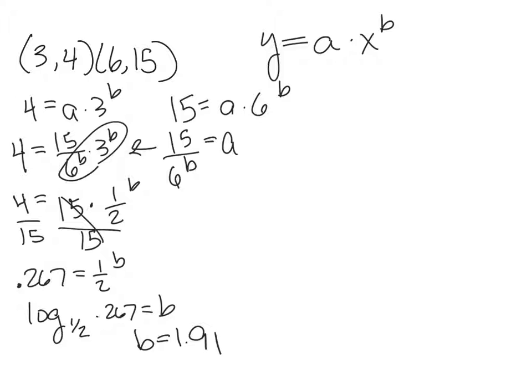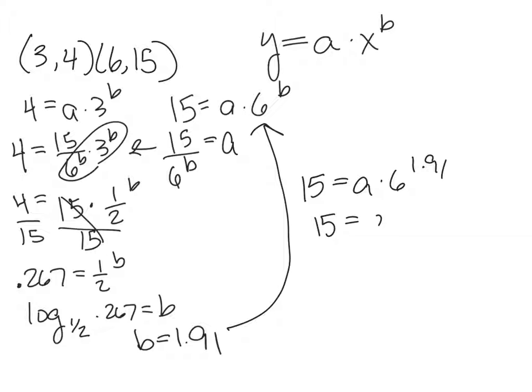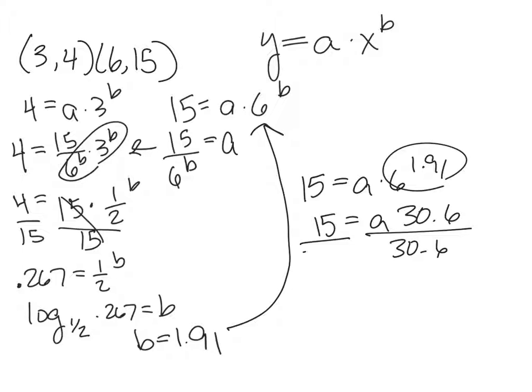So we're going to take that and plug it back up into one of these equations. Doesn't matter. 15 equals a times 6 to the 1.91. 6 to the 1.91 comes to 30.6. 15 divided by that answer: a is 0.489.